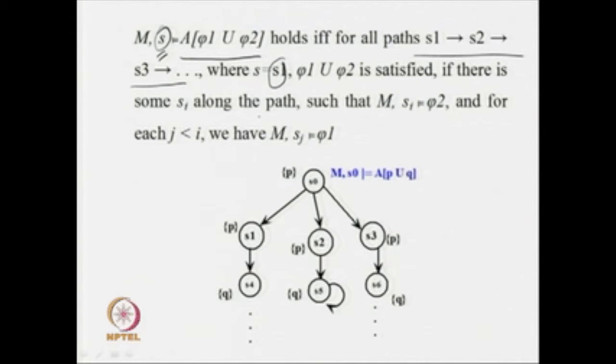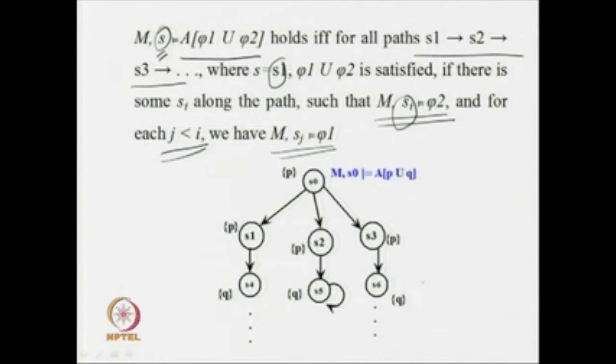Okay, now, we are going to look for those particular paths such that M, Si models phi 2. That means, we are going to get some state Si where phi 2 is true, and for each j less than i, we look at all other states Sj, where j is less than i. We must have M, Sj models phi 1. That means, phi 1 must be true in all those particular states Sj.